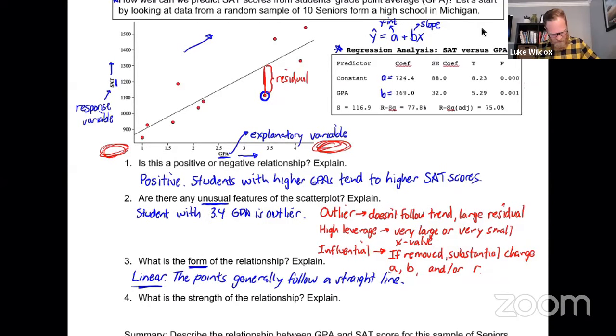So I'm going to say that the strength is fairly strong. Now, there is not a specific rule for deciding whether it's weak or moderate or strong or fairly strong. You sort of have to go by feel. I wouldn't call this one very strong, but I think fairly, using an ly word there, is pretty safe. So we're going to call that a fairly strong relationship. And to explain why, we're going to say that the data points fall fairly close to the line.